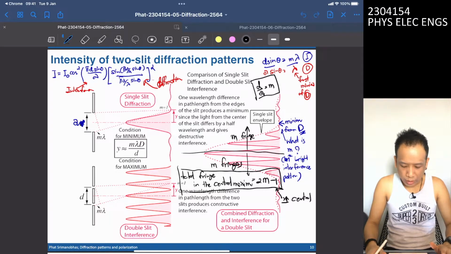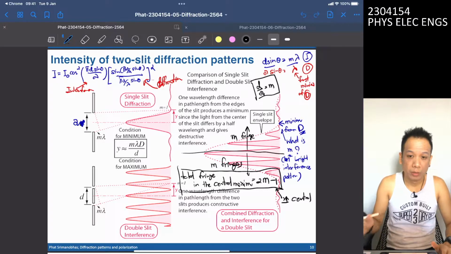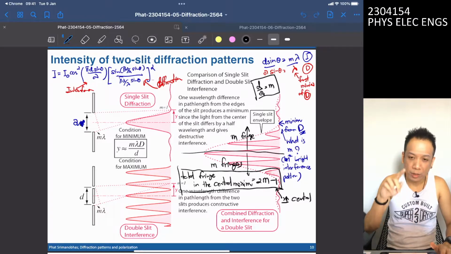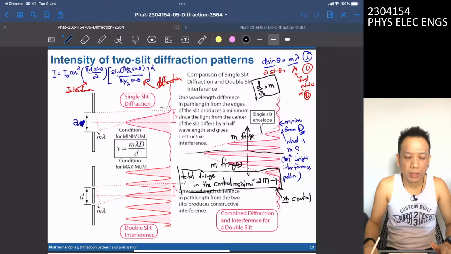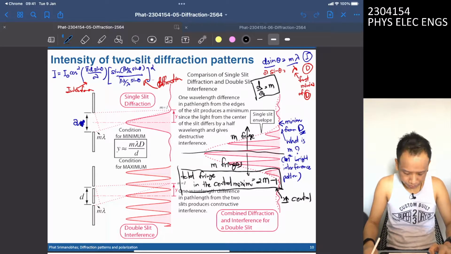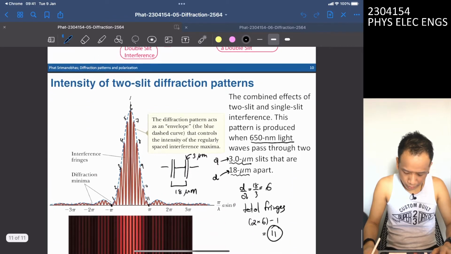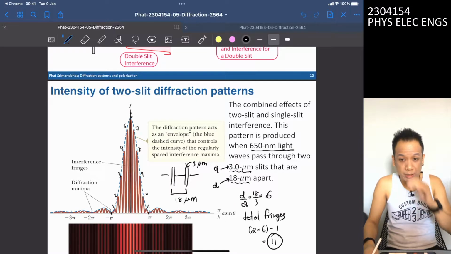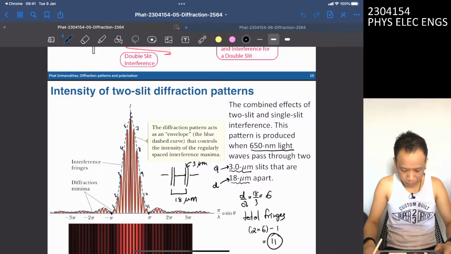You will have the envelope from the diffraction pattern, and within the envelope you see the intensity go up and down from the interference pattern. And then we already counted, for example, how many fringes you can see in the central maximum.